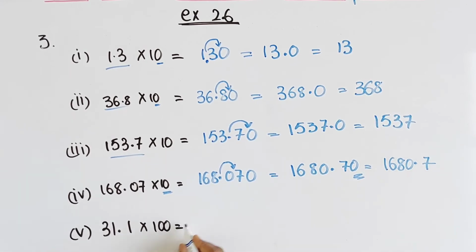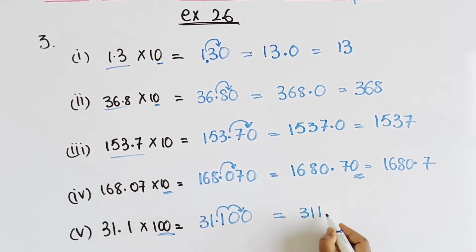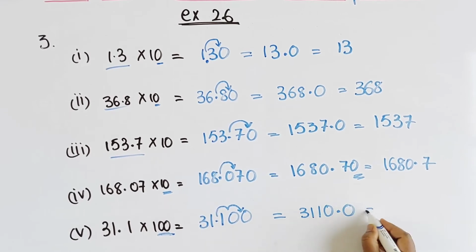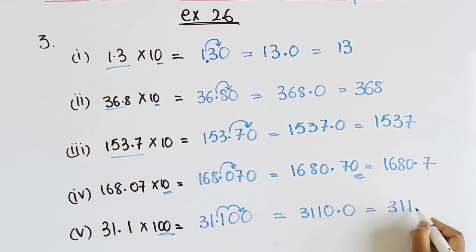Now fifth one, 31.1 into 100. Here we have two zeros. Okay. Write the number as it is. 31.1. 100 means two zeros. Okay. Now the point will move right side after two numbers. 1, 2. Okay. So the answer is 3110.0. That means 3110.